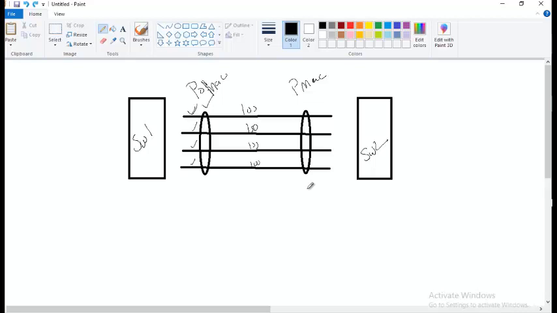For LACP, the modes are called active mode and passive mode. If it is LACP, one side you can keep active, the other side passive, nothing wrong.